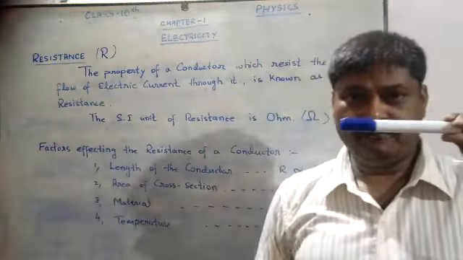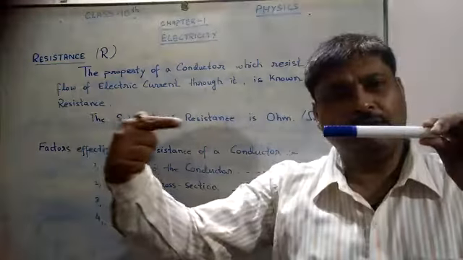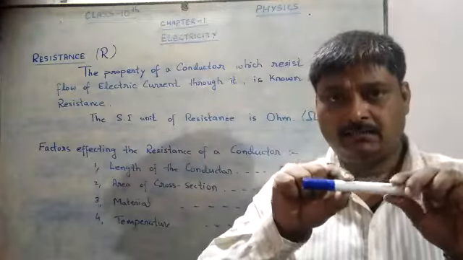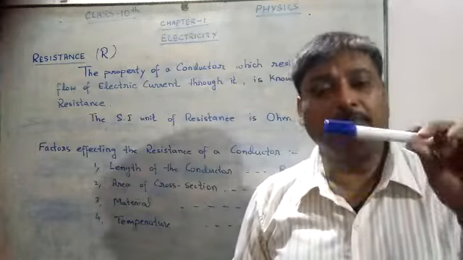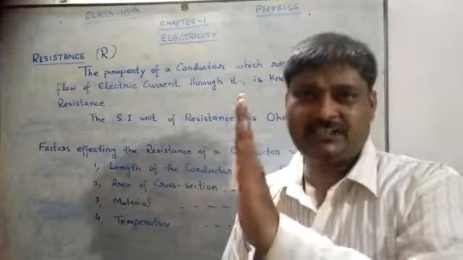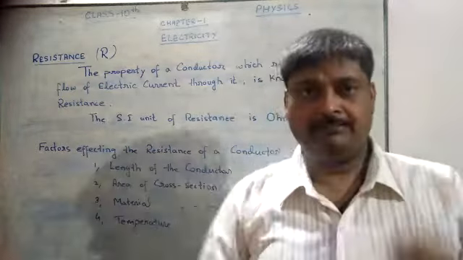Suppose this is a wire and current is flowing through this wire itself. Now the atoms or ions of the material of this wire are producing a restriction to the flow of current.